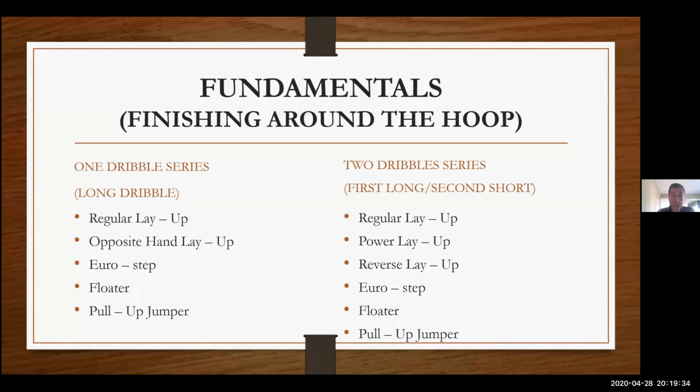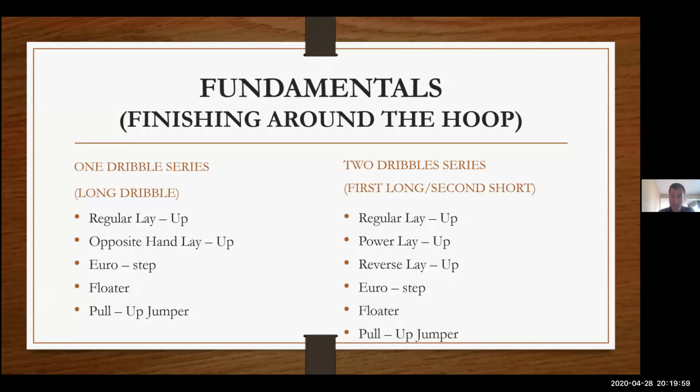So what we would like to focus on is, I have two series in mind. The first series is a 1-dribble series. The second one is a 2-dribble series. Again, I would like to start where the players are comfortable, whether it is the 1-dribble series, a regular layup, opposite hand layup, Euro step movement, finishing with a floater, or finishing with a pull-up jumper.